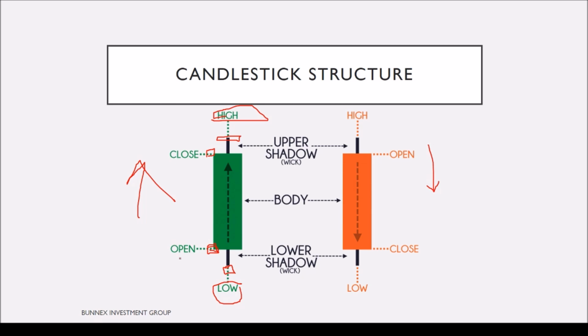So this is basically the opening and the closing price, the high and the low, and we also call this the body, as you can see. Then these are the lower shadows or wicks. Wicks are important for us in drawing what we call the demand and supply zones. So we use wicks, and it is important for us to take note of these right now.